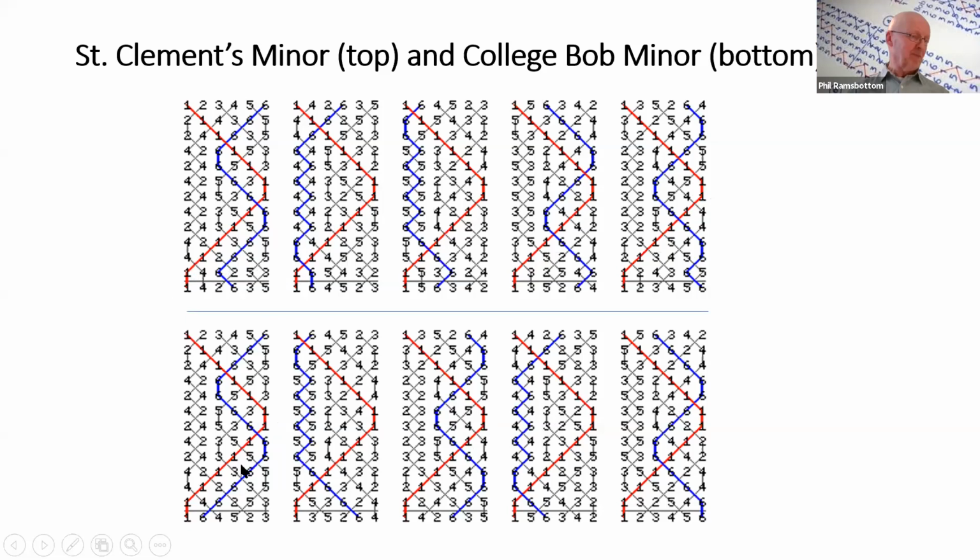The reason that's happened is that if we look at the bottom left, you can see that a bell is not making seconds. The place is made at the back. You see number 3 making a place at the back there. So there is no dodging at that lead end. It is what's called a plain hunt lead end or a far place lead end.